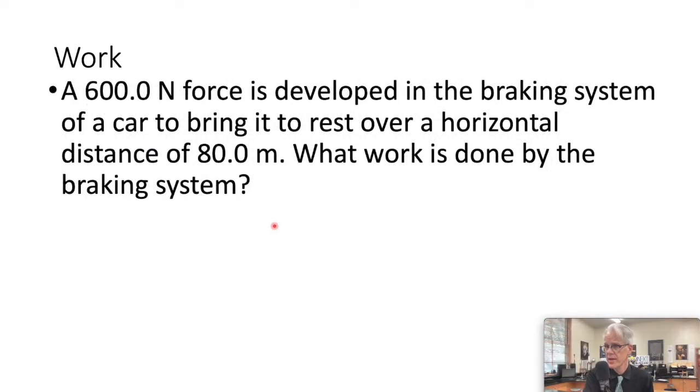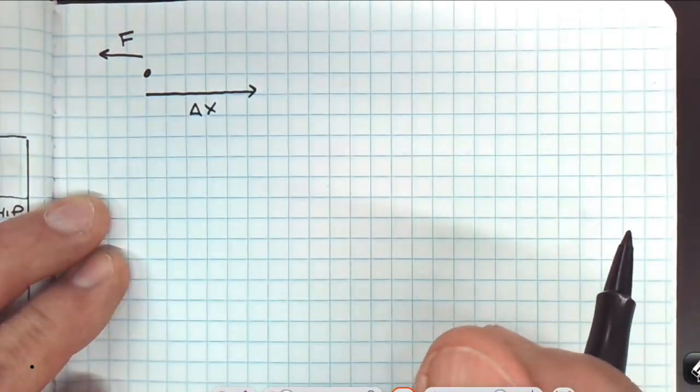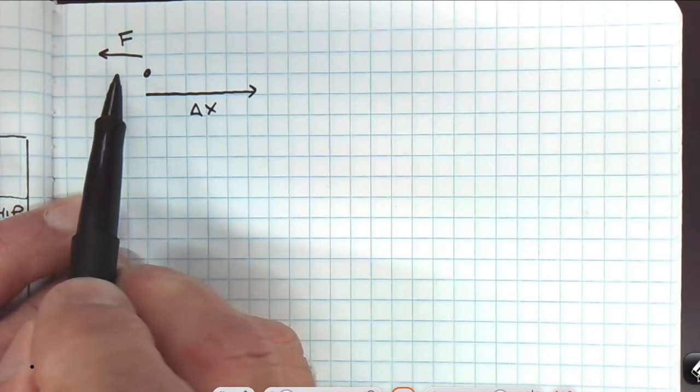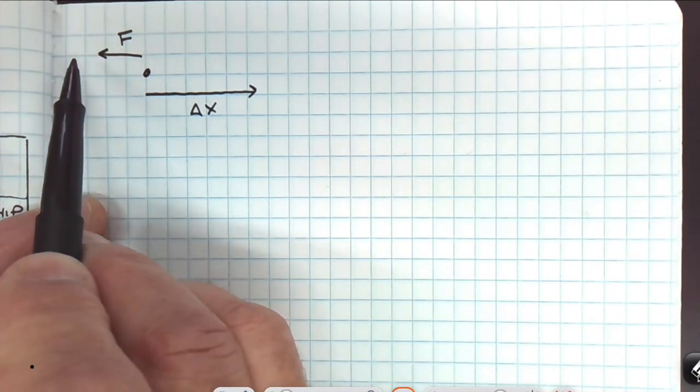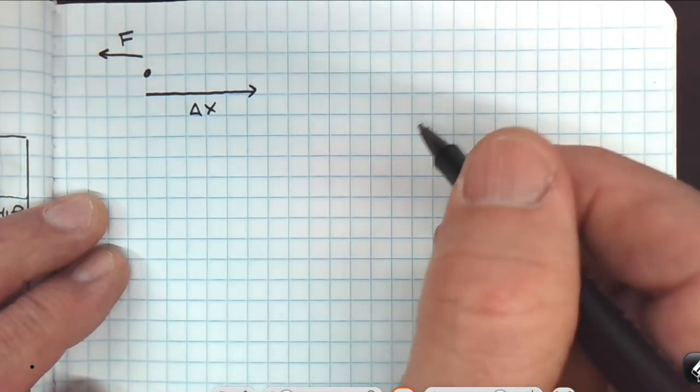Let's try to calculate work. Let's say we have a 600 Newton force developed by the braking system of a car to bring it to a rest over a horizontal distance of 8 meters. What work is done by the braking system? First, our sketch. In this case, our force is in the opposite direction of our displacement. Now, our known and unknown.